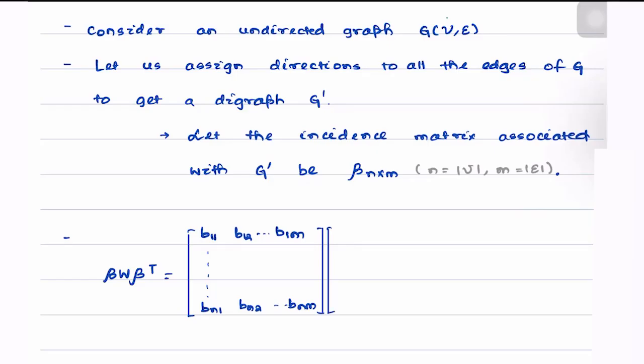W is a diagonal matrix of all edge weights. There are m edges, so W1, 0, 0, then 0, W2, 0, and so on, going up to Wm. And the last matrix that we have here is simply the transpose of B.